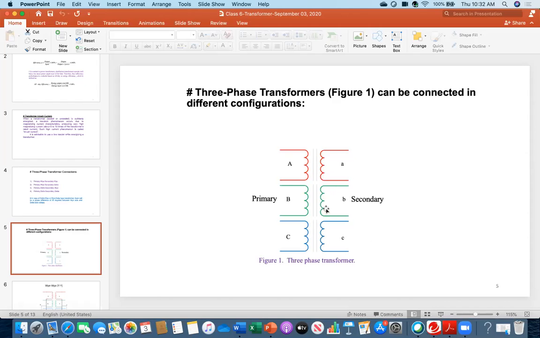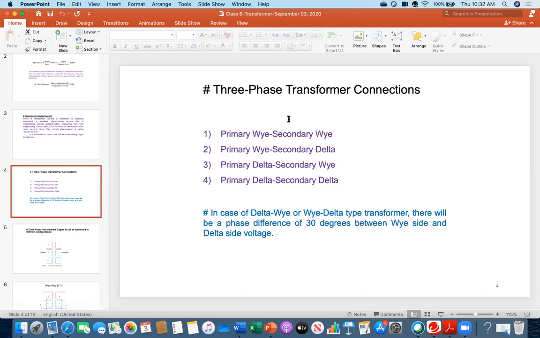Now, there are three separate single-phase transformers, and from these three separate single-phase transformers, I want to make a three-phase transformer. So that is the question, how to connect. This is one single, another single, another single, and I want to make a three-phase transformer. That I will be looking at. So now depending on the requirement, you see I have written here, primary could be Y, secondary could be Y.